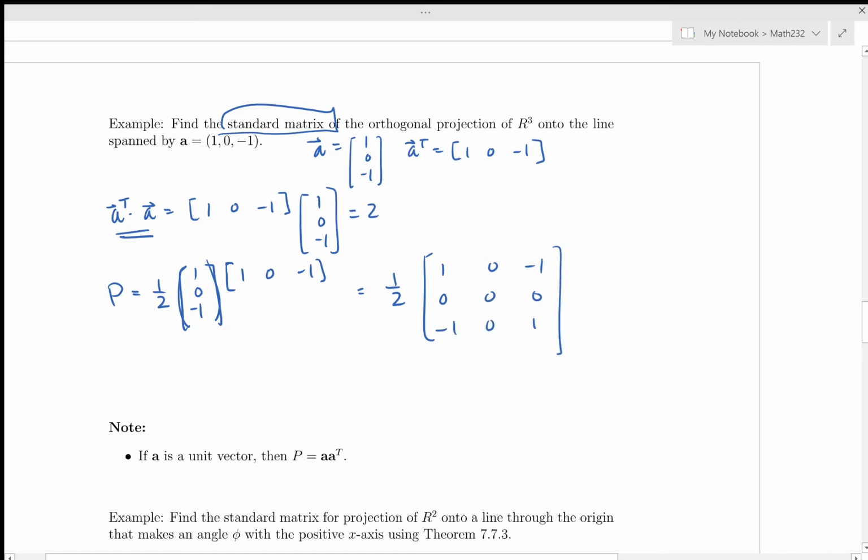Now to project any vector onto the span of 1, 0, minus 1, we simply compute Px. If I take P and multiply by x, that equals the projection of x onto the span of 1, 0, minus 1.